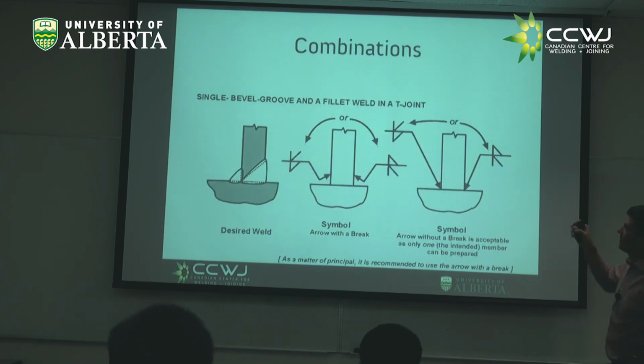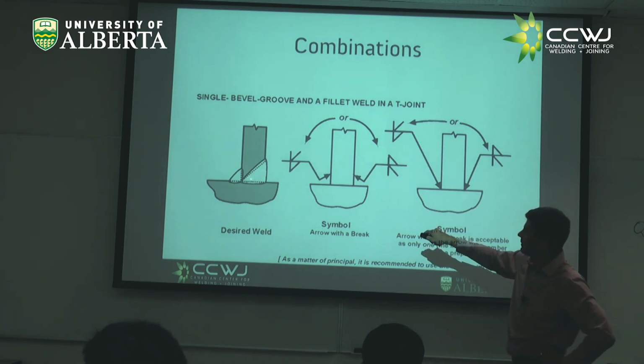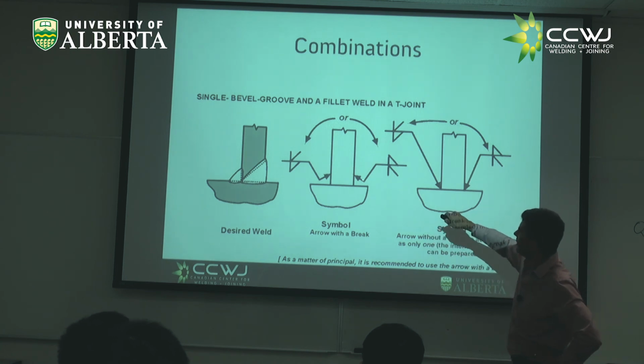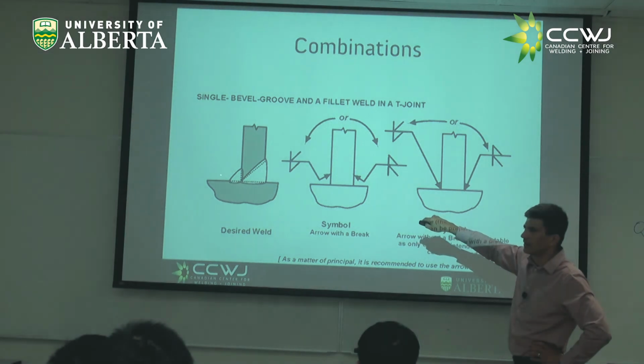The other is sequence and combinations. For example, here it says you have a bevel weld and a fillet weld, right? And here you see on this side, on this side you have a bevel, a single bevel, and on the other side you have the fillet.